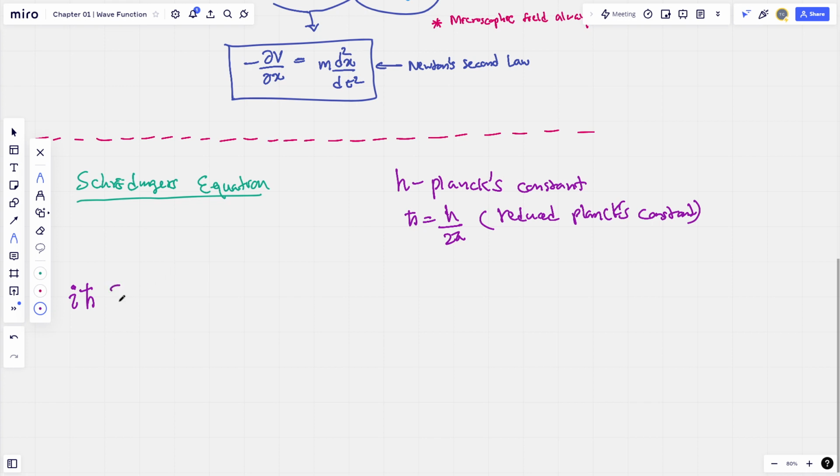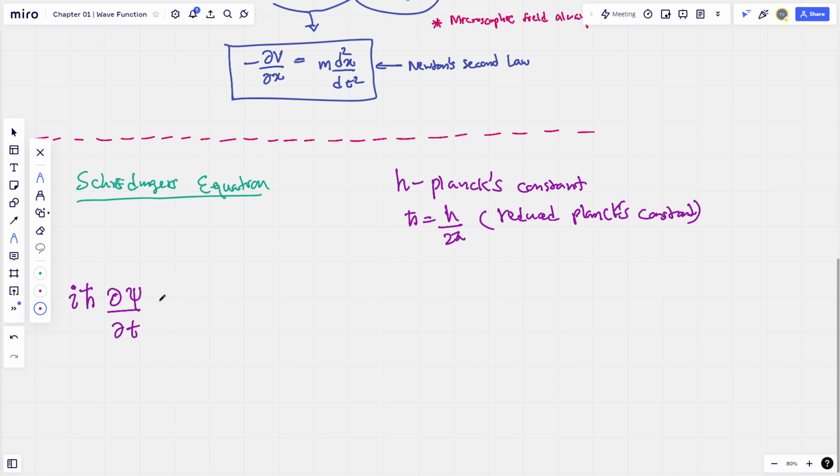It multiplies the partial derivative of psi. This is the main thing we study in this section, the wave function, denoted as psi. I'm going to use capital psi like this, and simple psi like this.